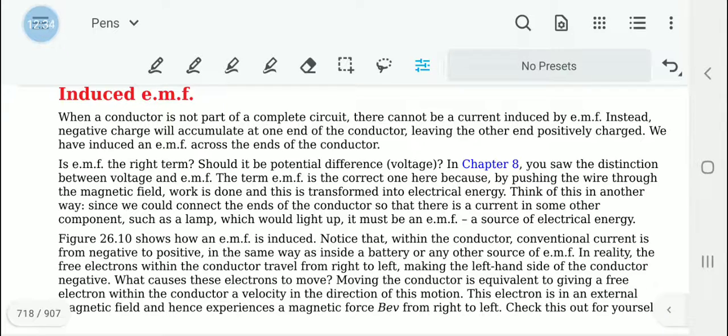However, an EMF is induced, making one end of the conductor become positively charged and the other end negatively charged.